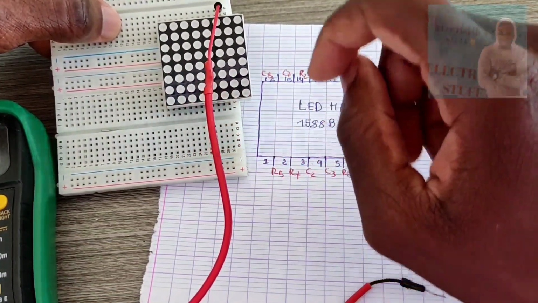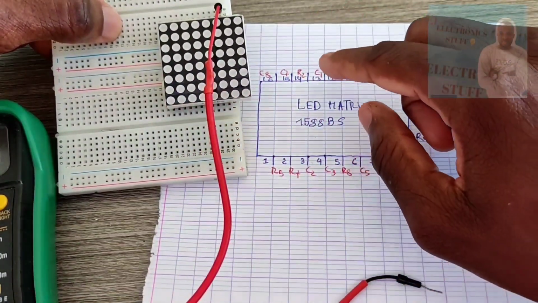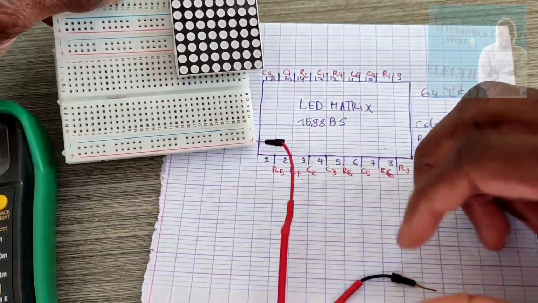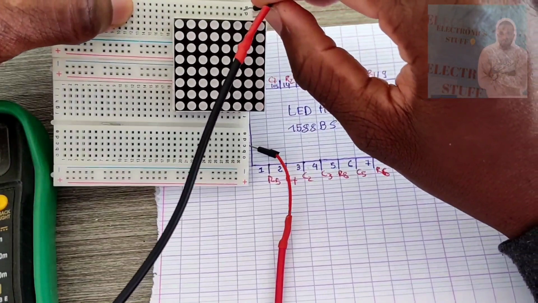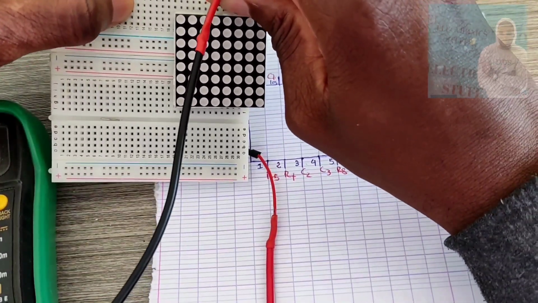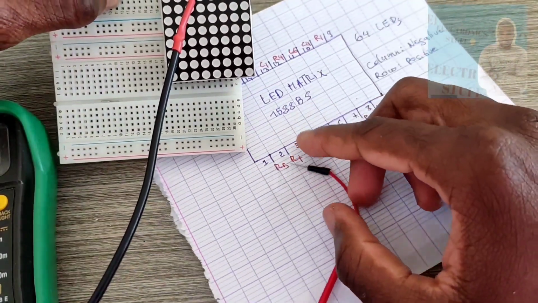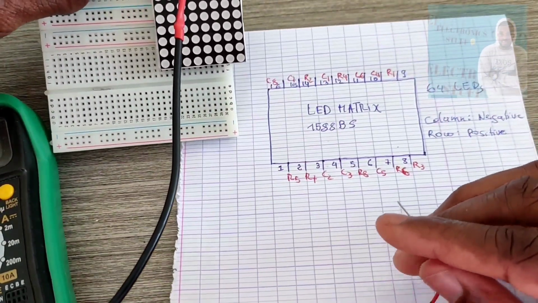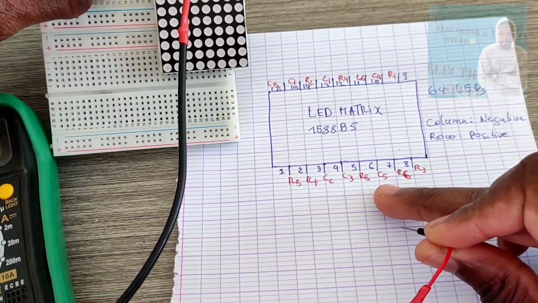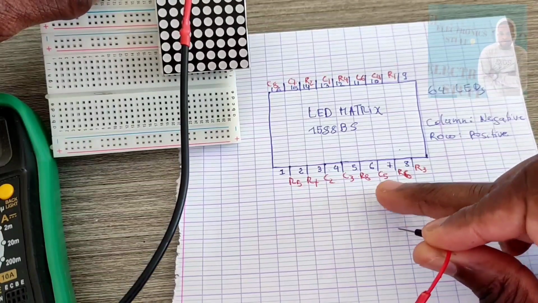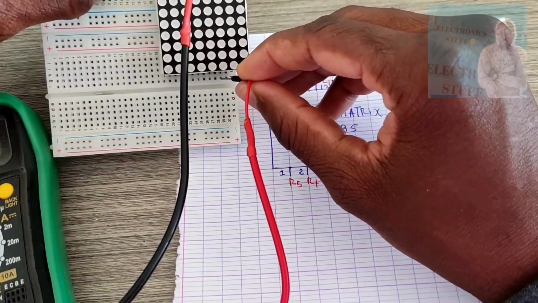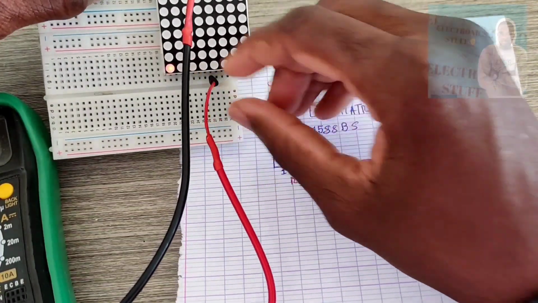Okay, so column 1 is pin 13, so 9, 10, 11, 12, 13, and the row is row 8, pin 5. Yeah, pin 5, 8, 7, 6, 5. Okay, it's on.